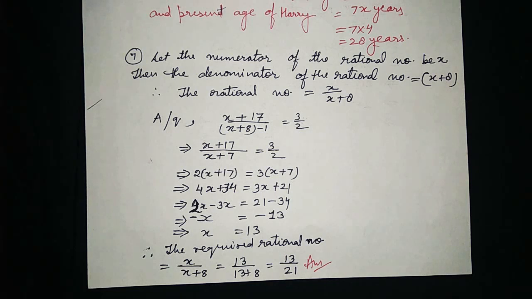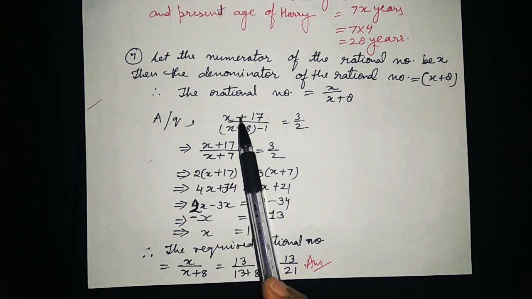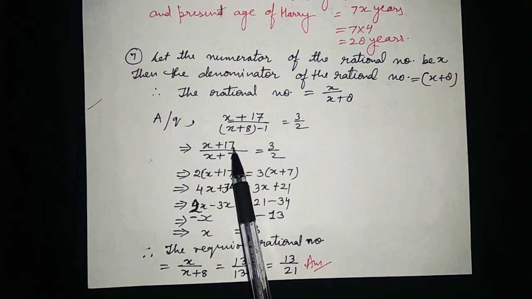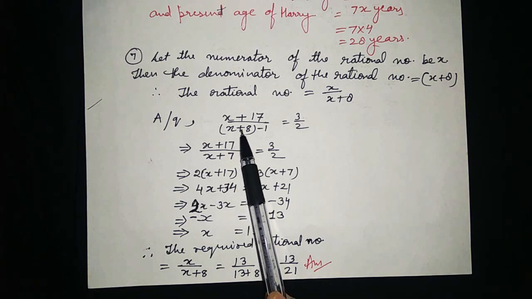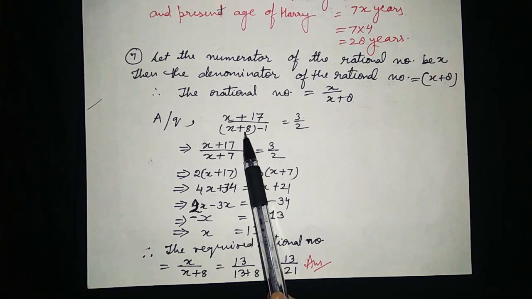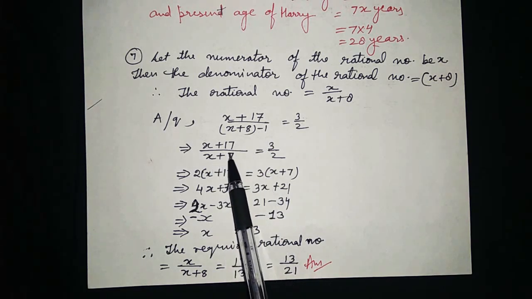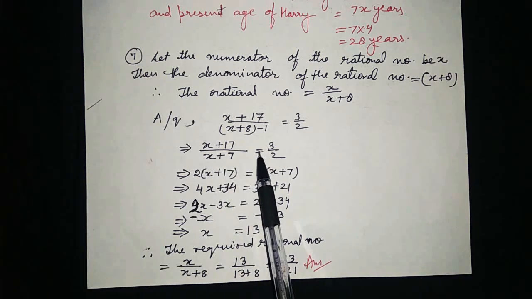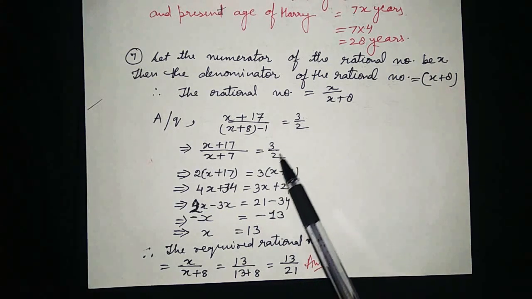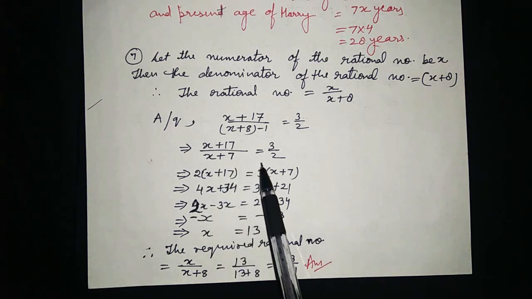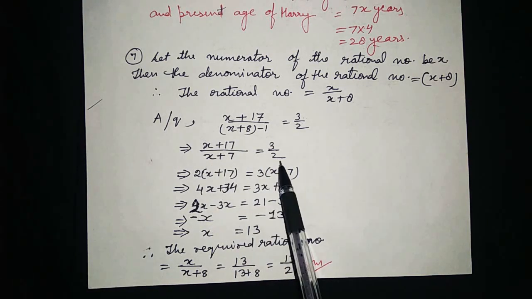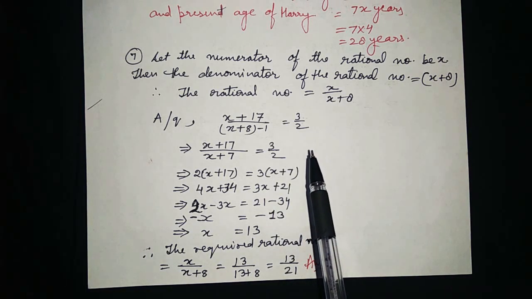Now we have to solve this equation. To solve it, x plus 17 we will write as it is, and in the denominator you see x plus 8 minus 1. What will come? x plus 7. On the right hand side we copy 3 by 2, and now we can do cross multiplication.